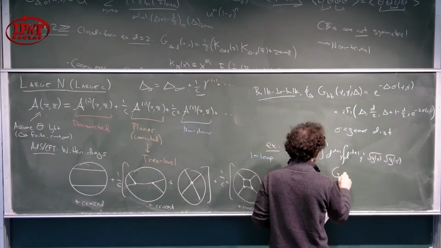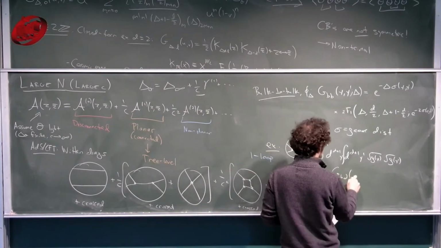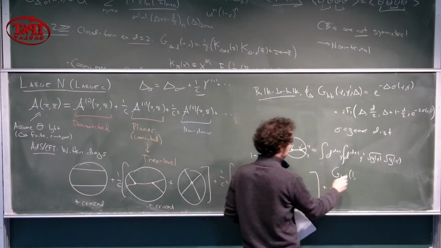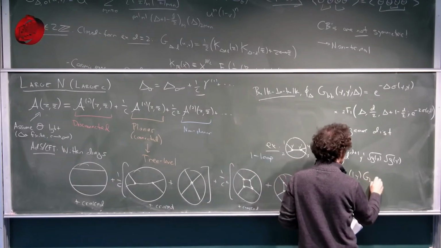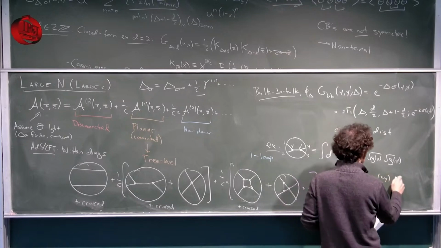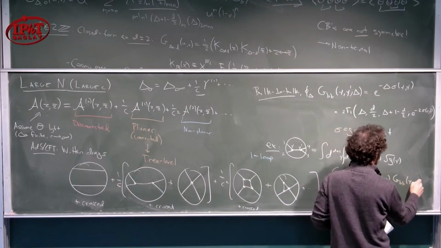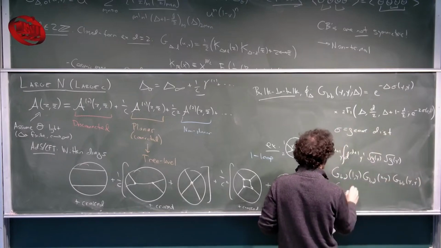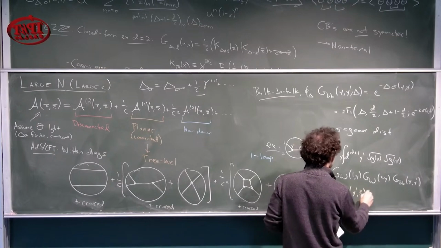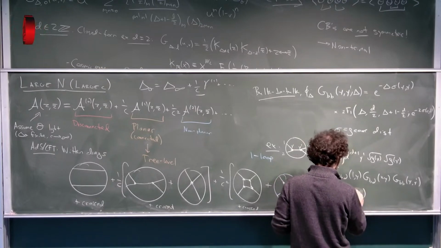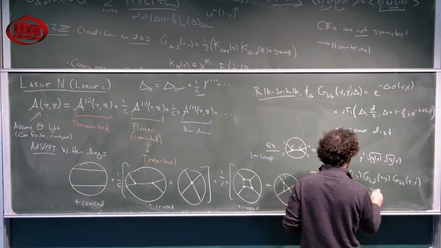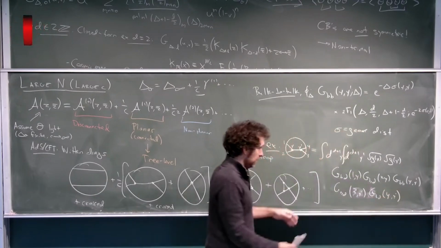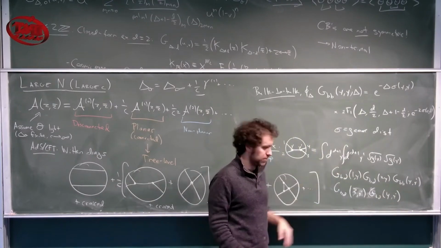So you have G bulk-boundary, in some schematic notation, from point 1 to point y, and likewise G bulk-boundary from 2 to y. Then you have your G bulk-bulk, y to y prime. Then you have your G bulk-boundary from y prime to 3, and finally G bulk-boundary from 4 to y prime. So it's easy enough to write down the integrand. Doing the integral is another story.